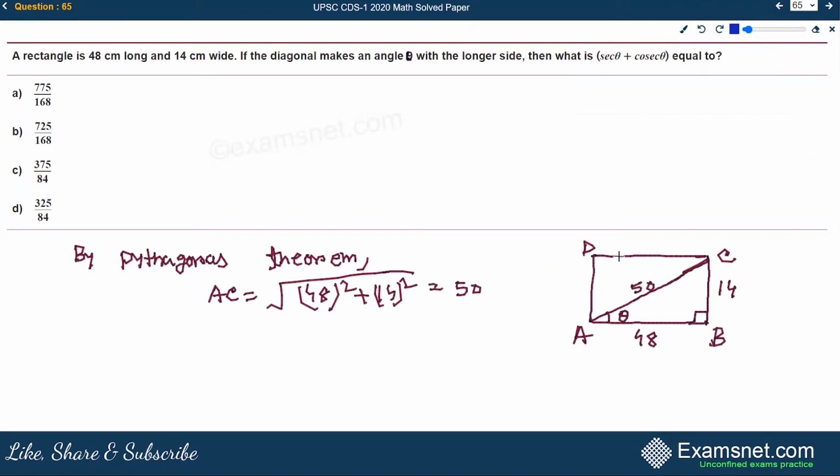Now we know sec theta is hypotenuse by base.